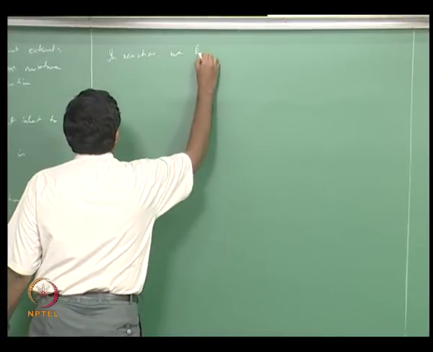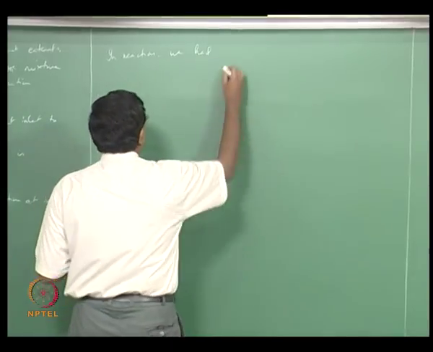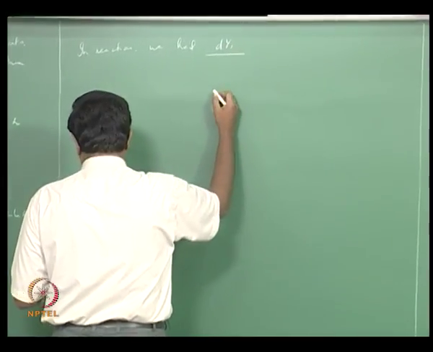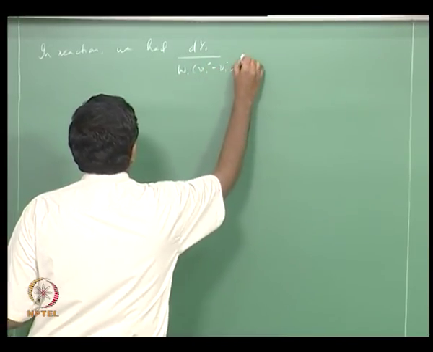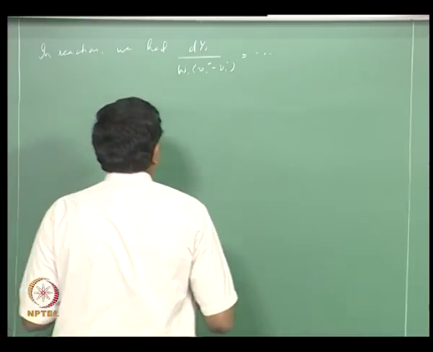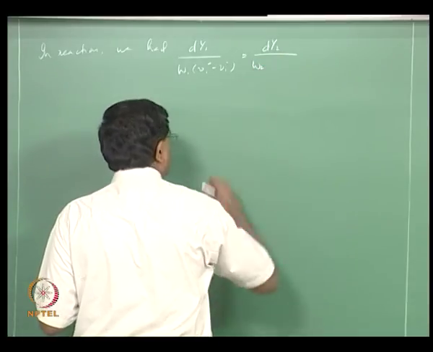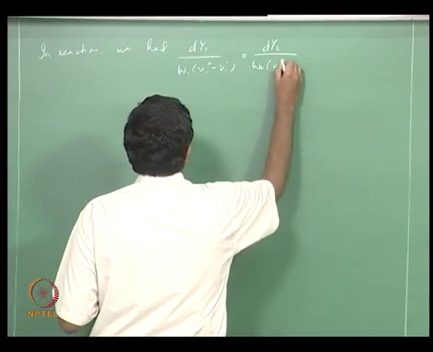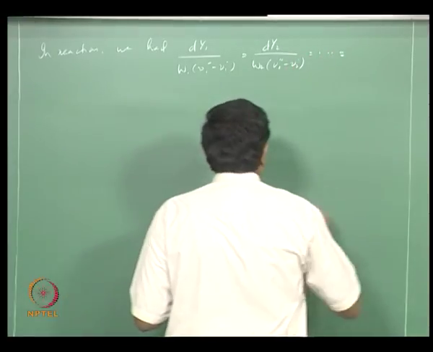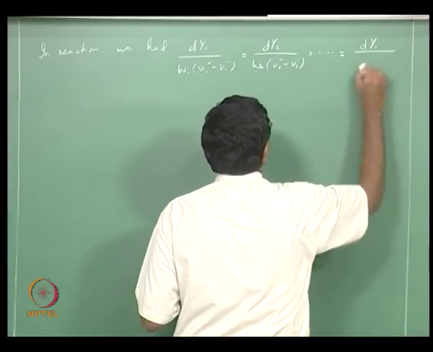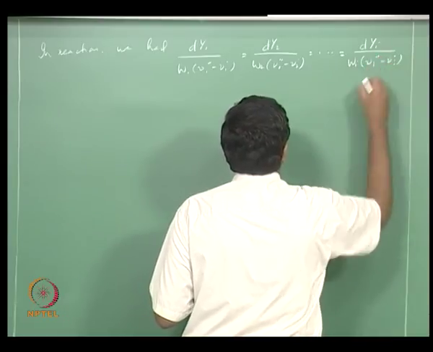In a reaction, we had, this is long ago, we came up with this: dY1 divided by W1 times (nu1 double prime minus nu1 single prime), etc. You could also write one more, dY2 divided by W2 times (nu2 double prime minus nu2 single prime), etc. And the general ith species, you could say dYi divided by Wi times (nu i double prime minus nu i single prime).